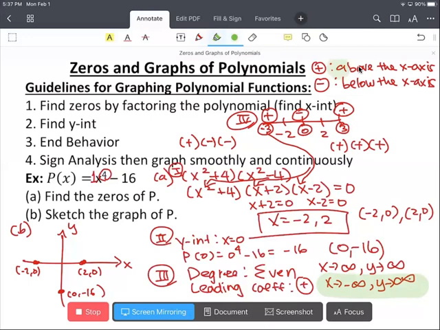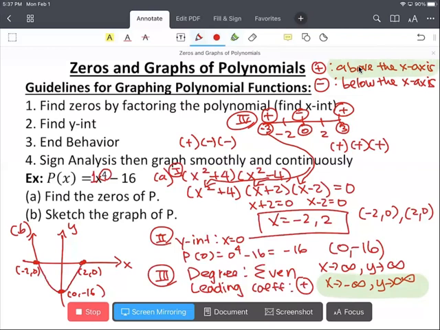And from sign analysis, we know that for -3 or -4 and so on, we have a graph above the x-axis, which is this way. And in between -2 and 2, we have a graph below the x-axis.